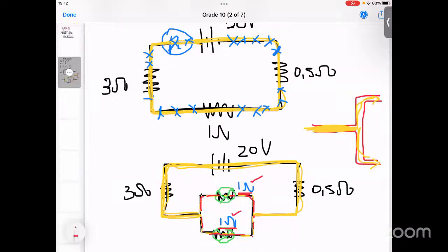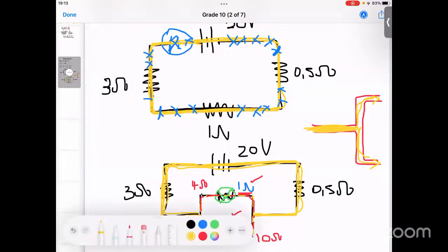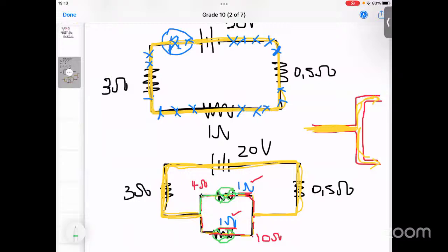But let's say this side was 4 ohms and this side was 10 ohms. So this side you have little resistance, meaning more current, more water will flow through that side. But on this side, you have too much resistance, so very little will flow through that side.